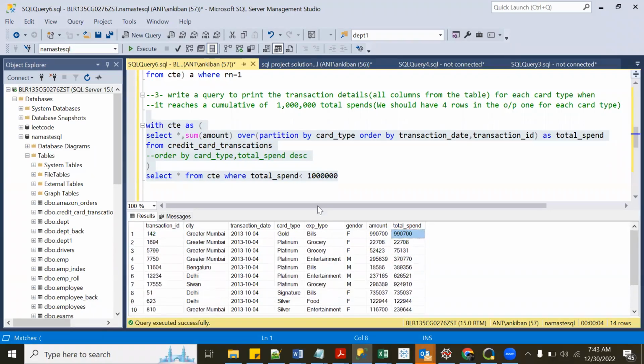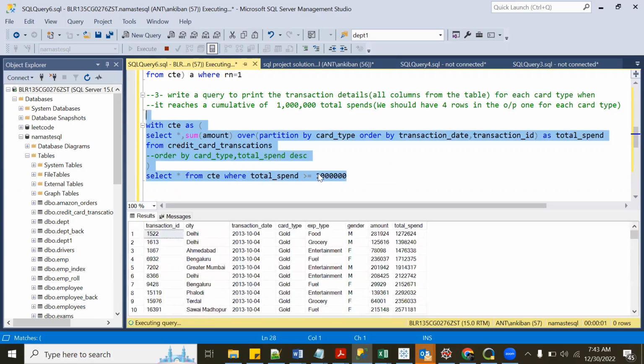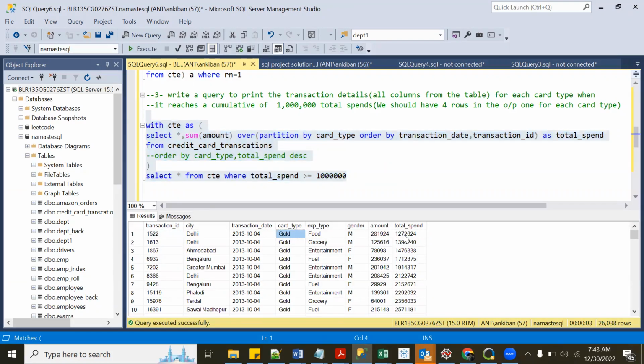Instead of that, I will say give me greater than 1 million, greater than or equal to. So I will get rows starting from where we reached 1 million. For example, for gold, we reached 1 million on this transaction.